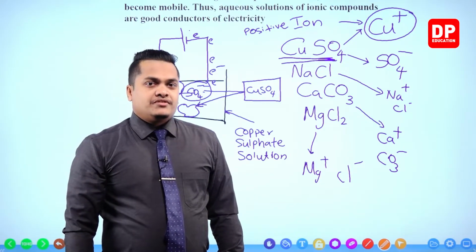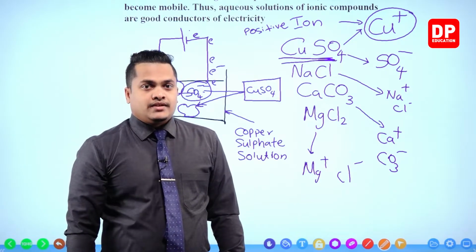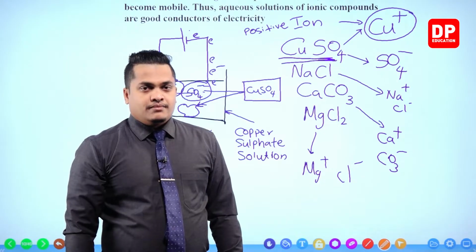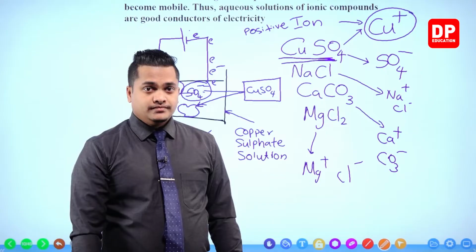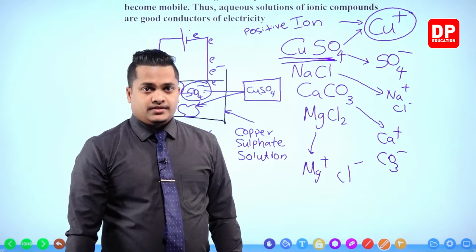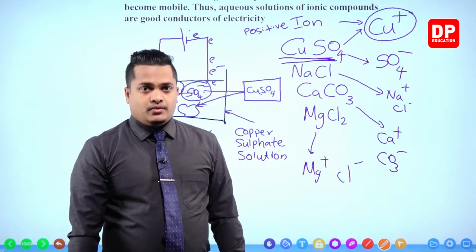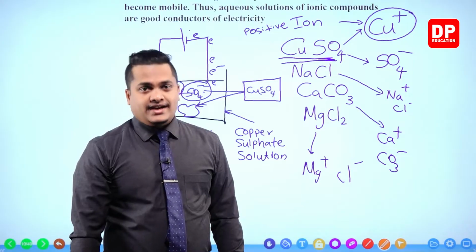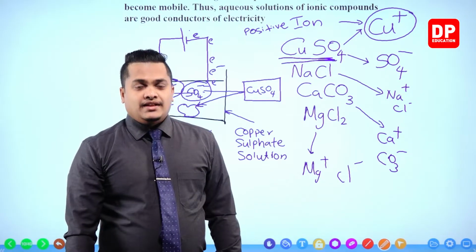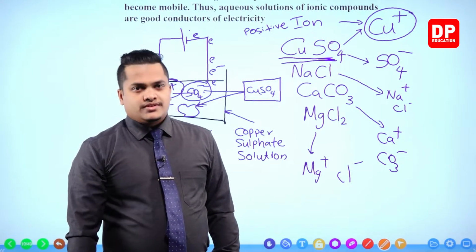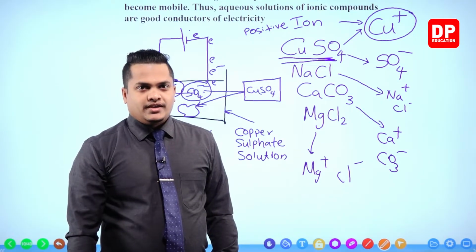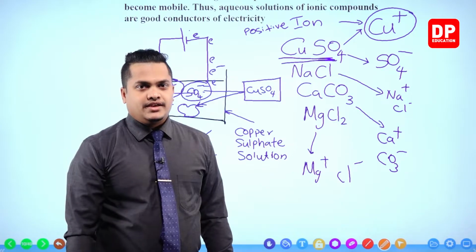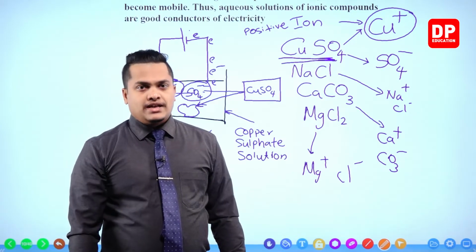A beam of electrons moving in a certain direction is called electricity. So this is how mobile ions are created, and this is how solutions can conduct electricity. Solutions can conduct electricity because of having mobile ions.